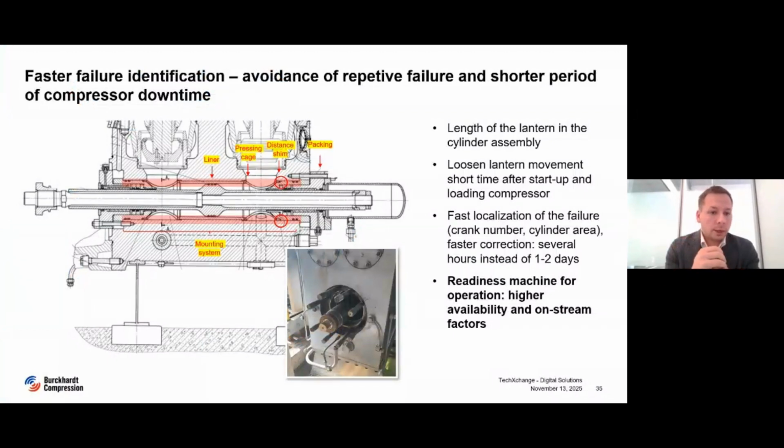So that was really helpful. This is one particular example of how such systems can benefit, even as a temporary measurement, to increase availability of the unit. And with this remark, I would like to hand over to Daniela for conclusions.